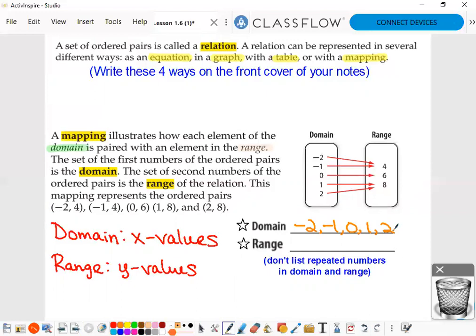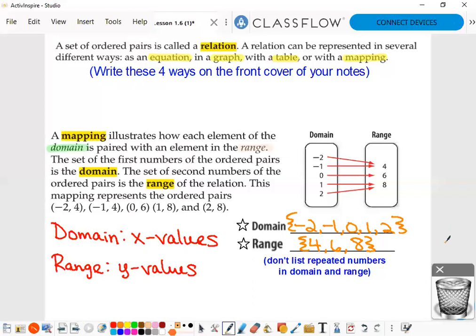It's a symbol that you can find on your keyboard, on your Chromebook. It's called a brace. Looks like this. So we're going to close this out with braces. And then for the range, I just see these 3 numbers, 4, 6, 8. I'm going to write 4, 6, 8. I'm going to put the braces around those as well.